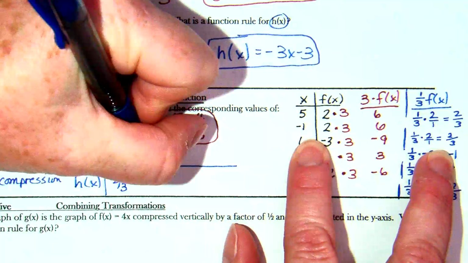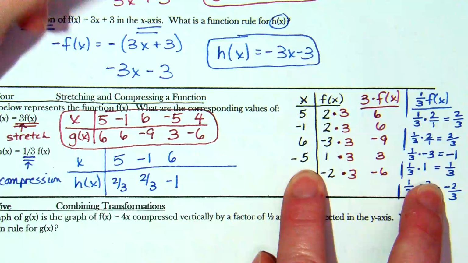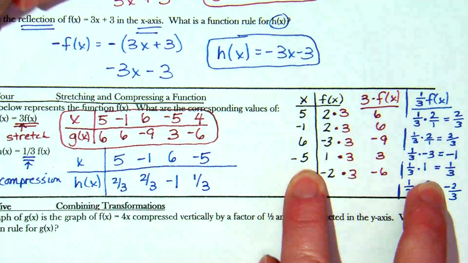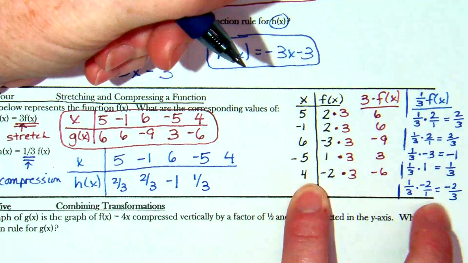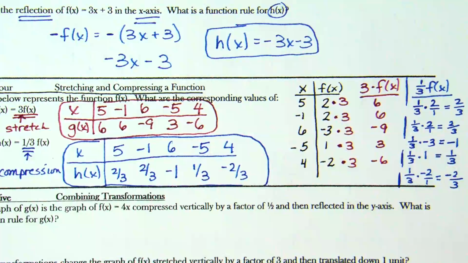I did have 6, negative 3. Now 6, negative 1. Negative 5, 1 is going to become negative 5, 1/3. And it was 4, negative 2, which is now 4, negative 2/3. Again, all of that to remind you, a stretch or a compression is just changing your y values.